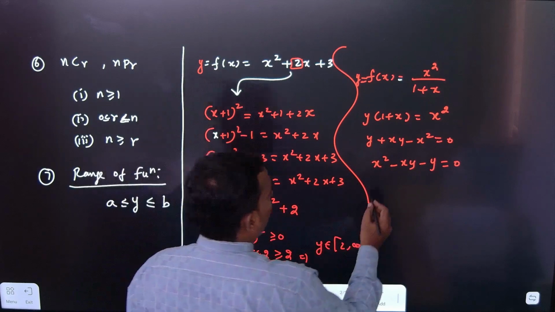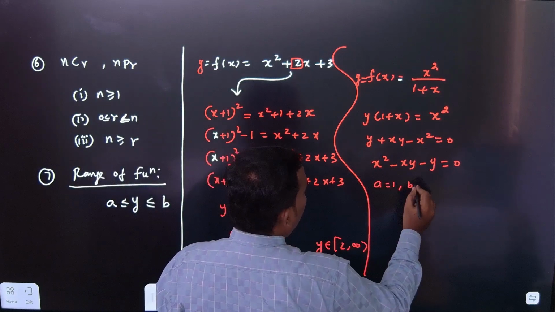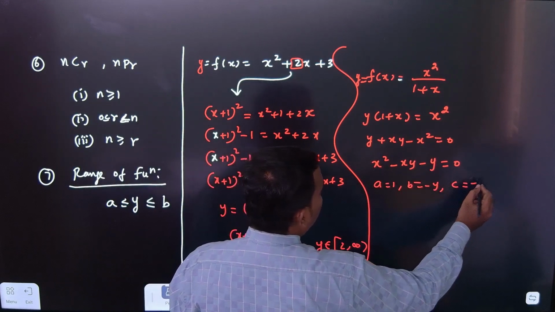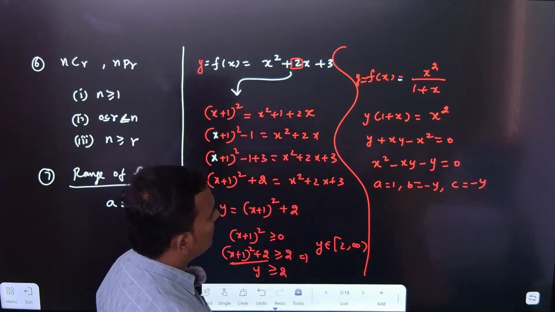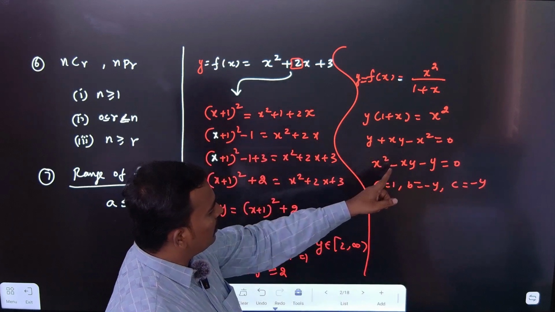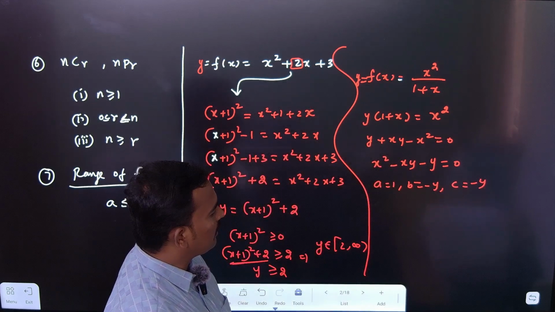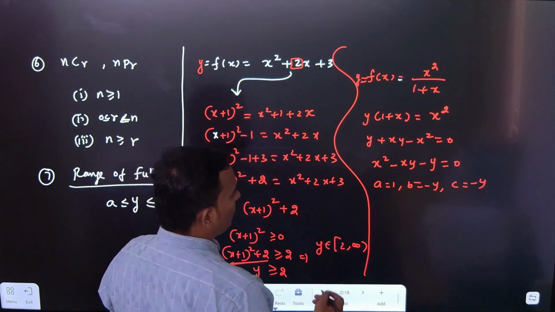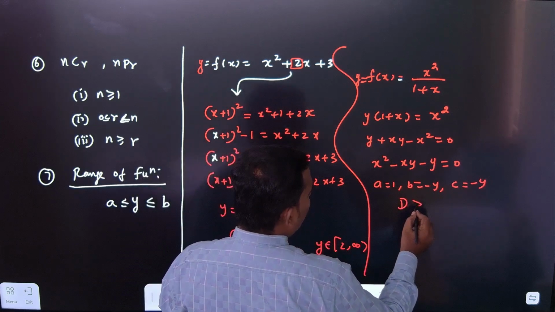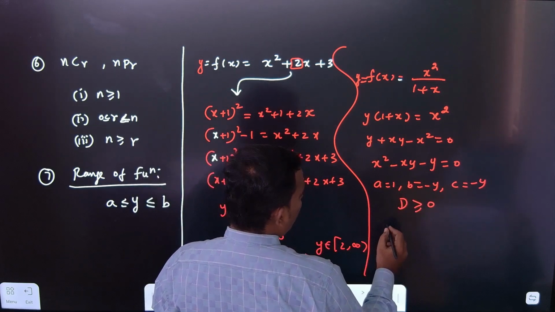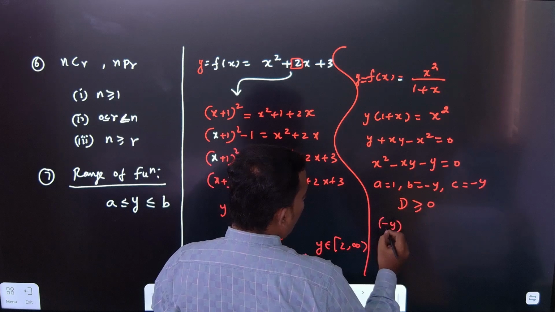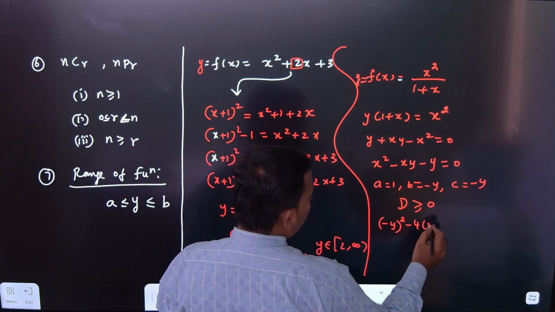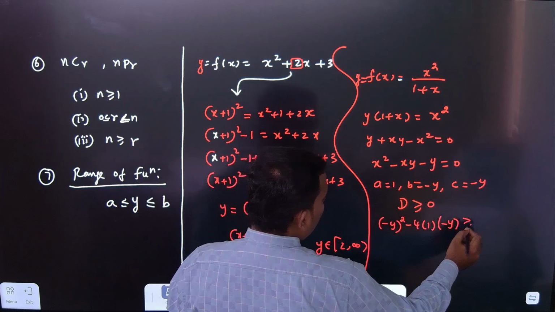Understand? What is a here? 1. b is minus y. c is minus y. Just to understand this: x square minus xy minus y. Yes, correct. So you use the discriminant greater than or equal to 0. That means minus y whole square minus 4 into 1 into minus y is greater than or equal to 0.